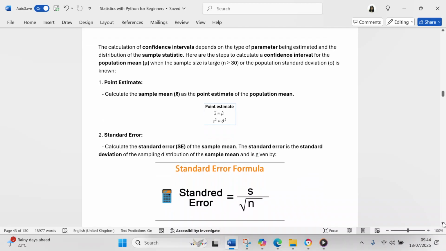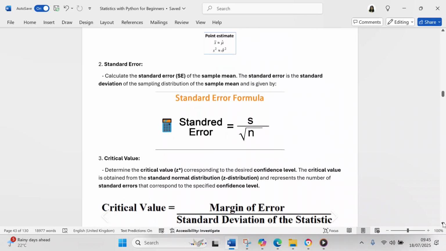So you calculate the point estimate: the sample mean, x bar, as the point estimate of the population mean. So x bar is close to mu hat. And then s squared, that's your sample variance, is close to sigma hat squared.